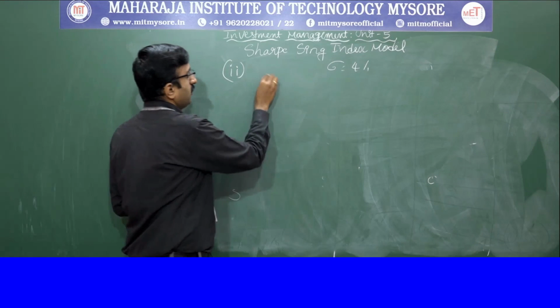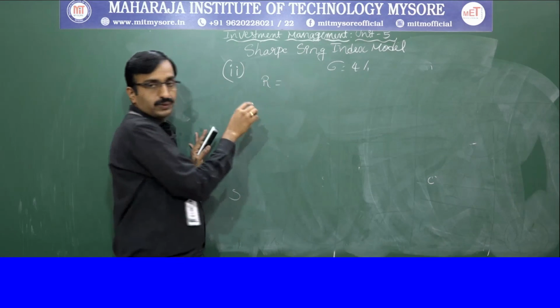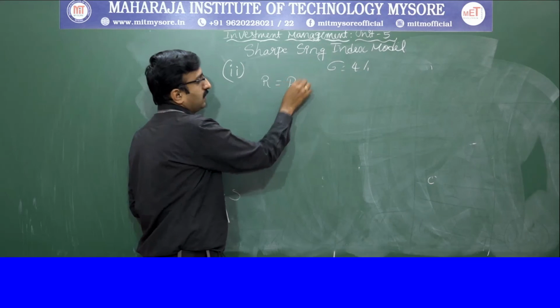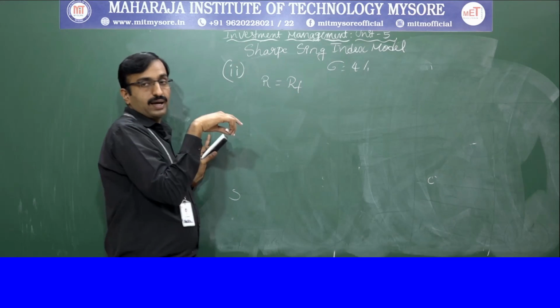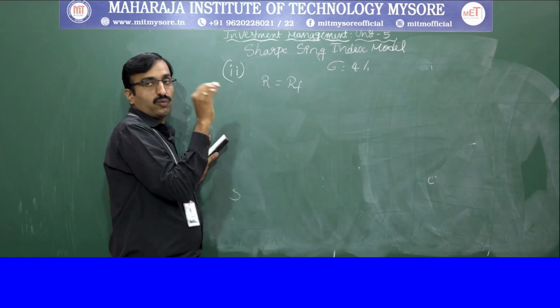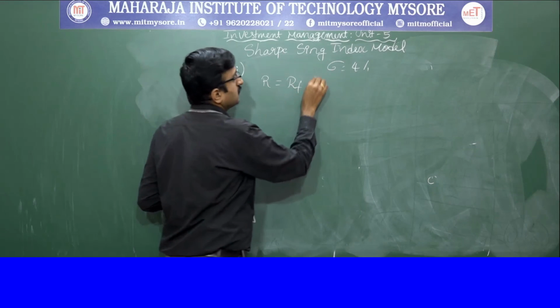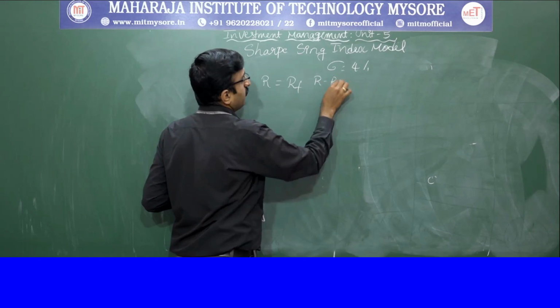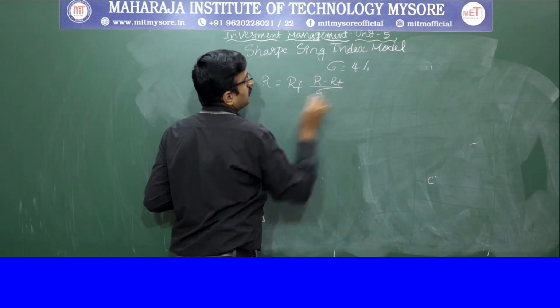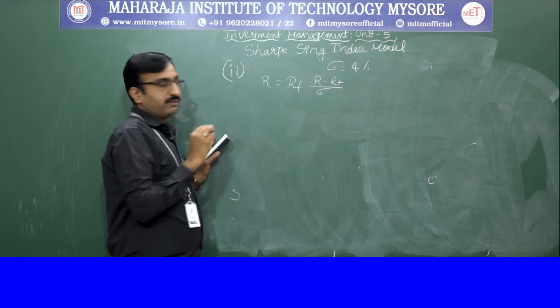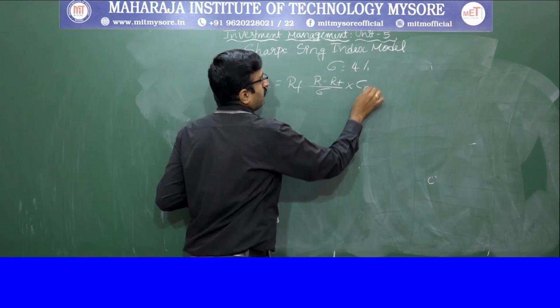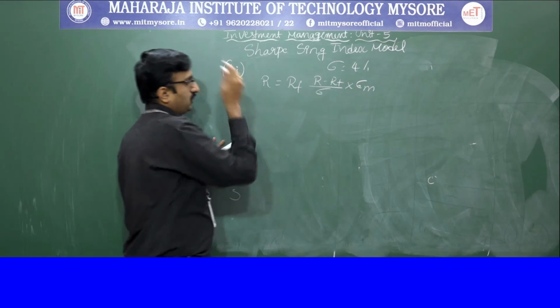So we apply the same formula. R is equal to RF plus the best portfolio calculation, that is R minus RF divided by standard deviation, all into the standard deviation of M, the change in standard deviation.